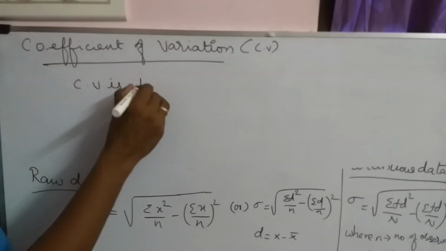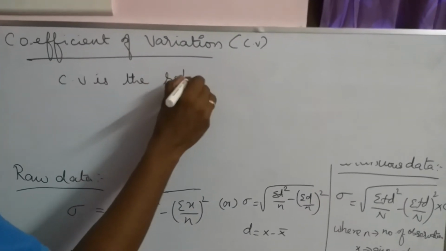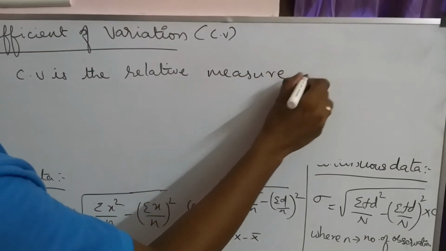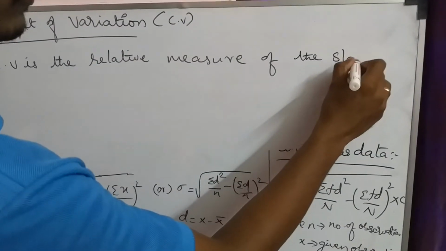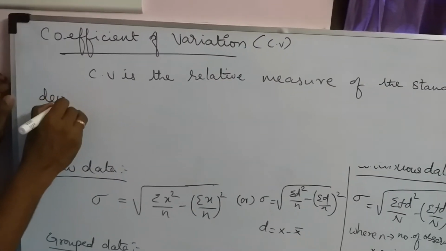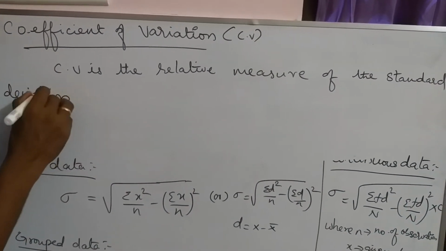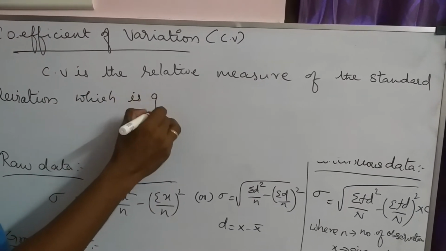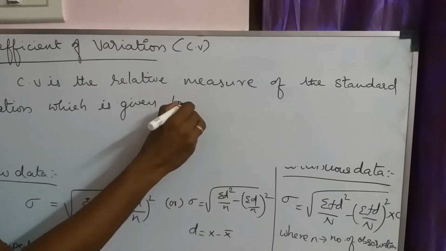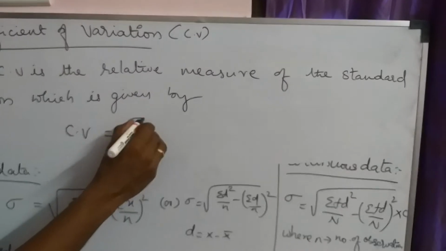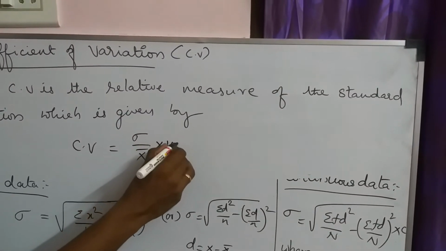CV is the relative measure of the standard deviation, which is given by CV equal to sigma divided by x bar into 100.